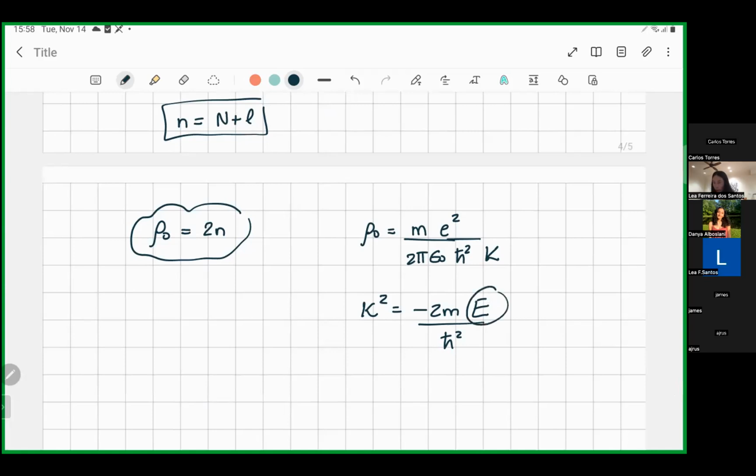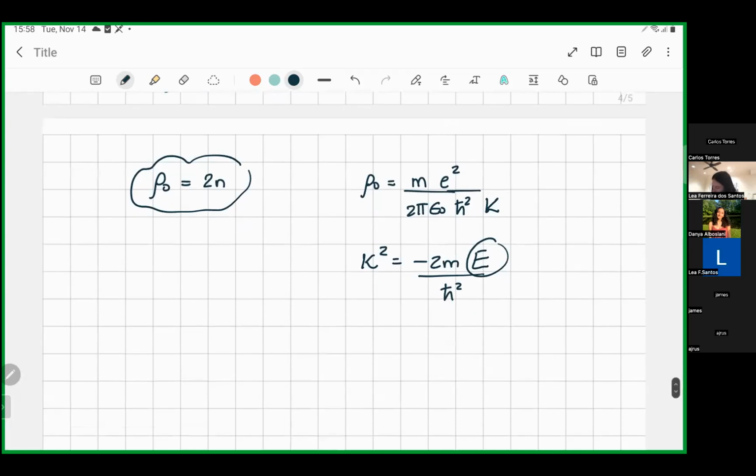Okay, so let's do this together. I'm going to start with the equation for rho 0, but I'm going to put everything squared. So rho 0 squared is mass squared, charge now to the fourth, 2 pi epsilon 0 squared, h bar to the fourth. Now, kappa here, I'm going to use this equation here.